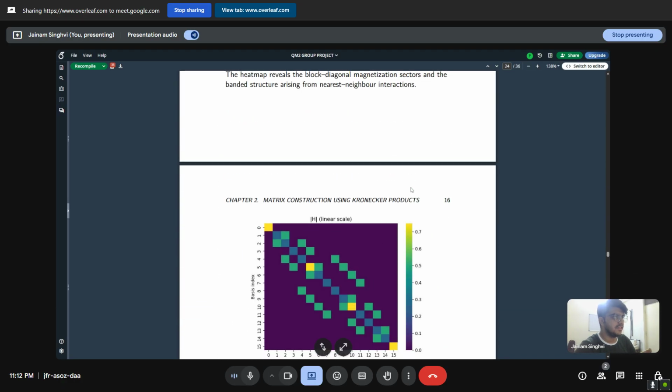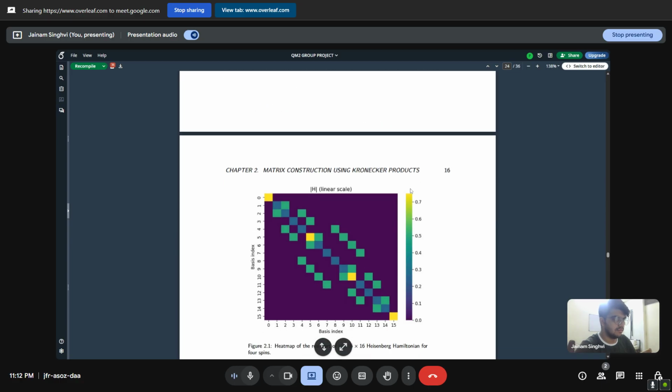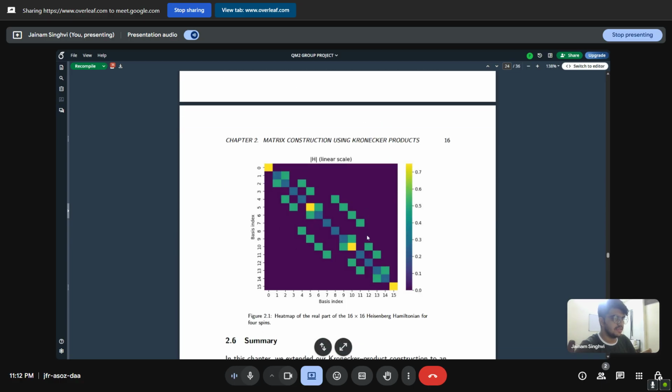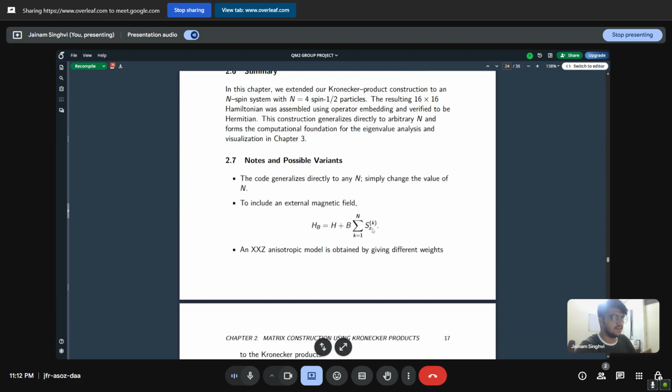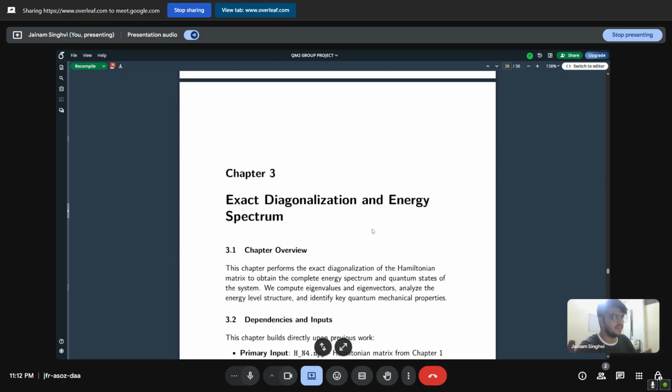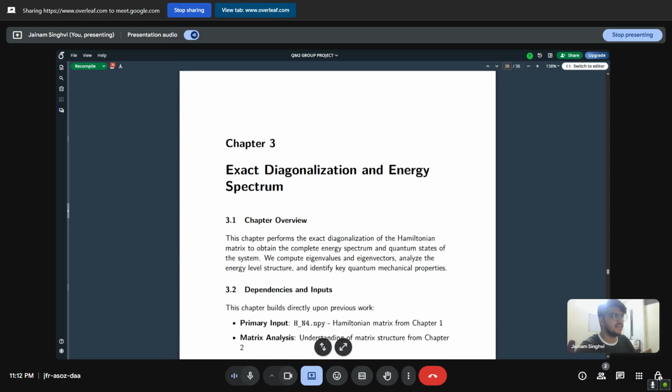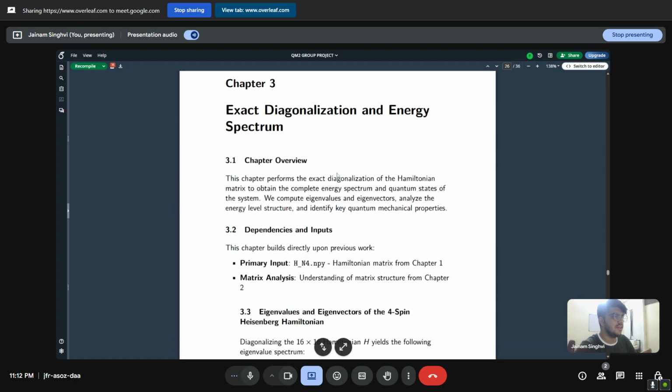This is the heat map structure of the matrix, where we can see it's a 16 cross 16 order matrix. In chapter 3, we are going to be diagonalizing the 16 cross 16 Hamiltonian matrix and finding eigenvalues and eigenvectors, and using that to find the energy levels, the lowest energy levels.